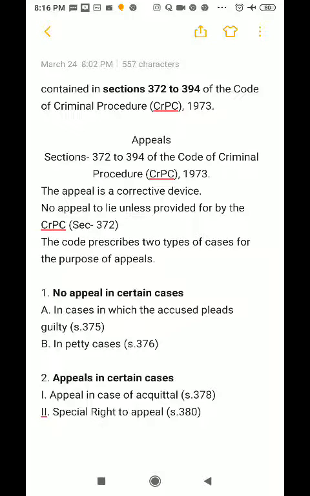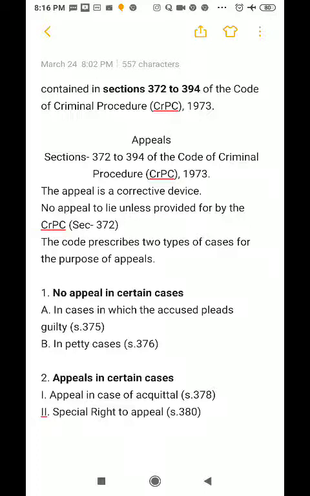Then, according to Section 378, the state government may direct the public prosecutor to present an appeal to the High Court from any original or appellate order of acquittal passed by any court other than the High Court, or from an order of acquittal passed by a court of session in revision.